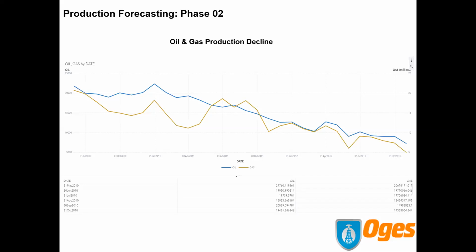So the stationary aspect is important to try to attain. You see a declining trend here in both the oil and gas, and this declining trend makes the local mean production rate a function of time, essentially. So hence this time series is non-stationary and needs to be made stationary.